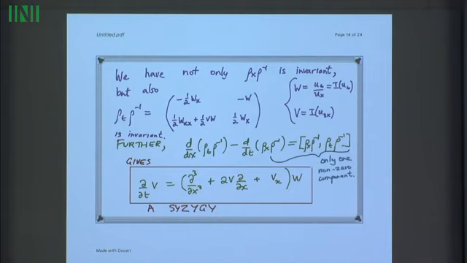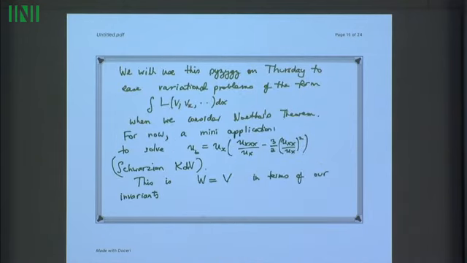So let's have a little fun. Let's do a little mini application with KdV. So we're going to use the syzygy on Thursday to ease the computations for variational problems with this Lie group symmetry. But for now, I want to do a little mini application, which is we're going to look at this particular PDE.